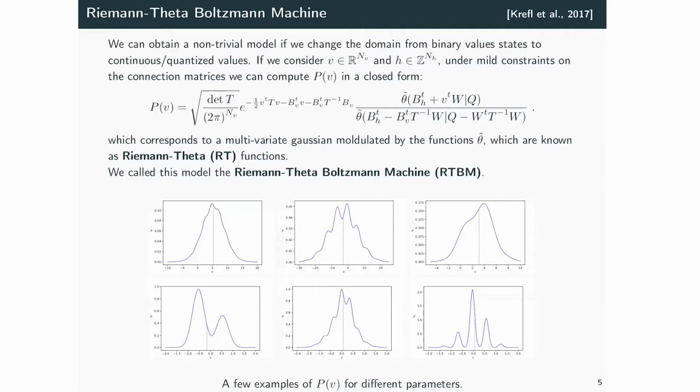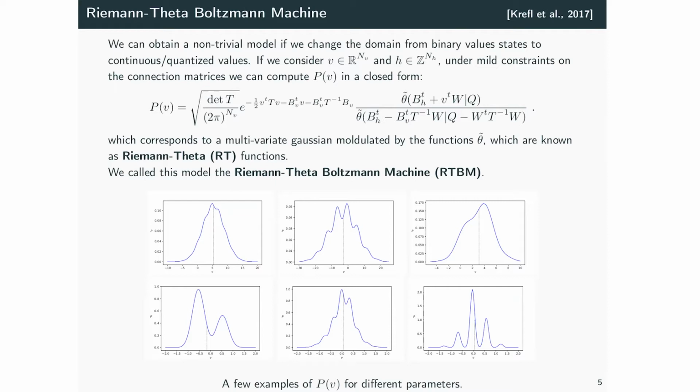And after a few tries, we discovered something very interesting: if we change the domain of the hidden nodes and of the visible nodes from just being 0 or 1 to some continuous or discrete space.